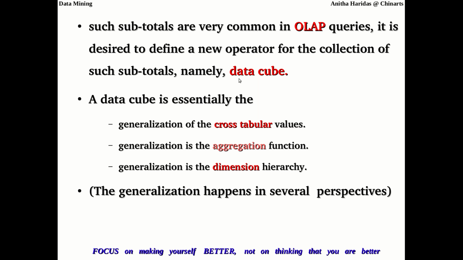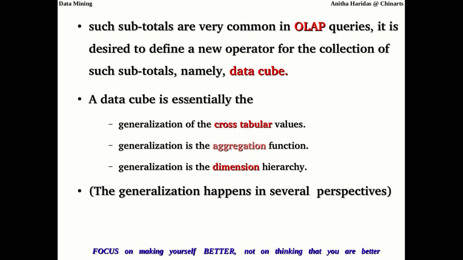That is why we prefer the data warehouse to be viewed in the form of a data cube. Whenever I say data cube, it is always a generalization. Why? We are not going to store the transaction data. Instead, we are going to store the summary data.